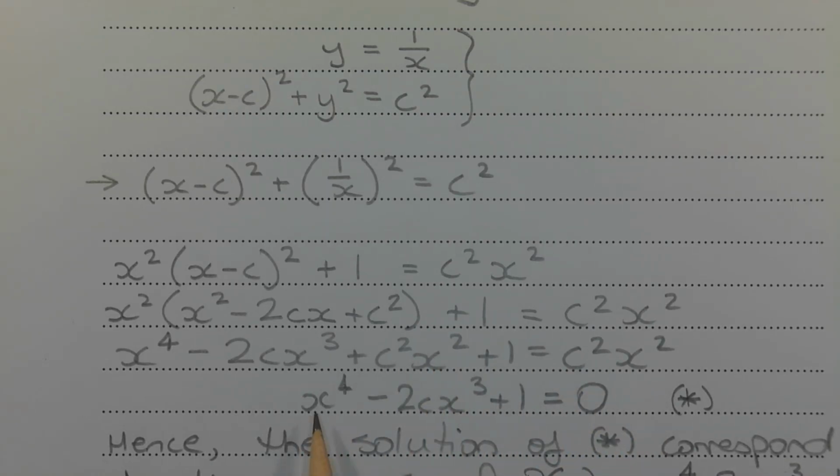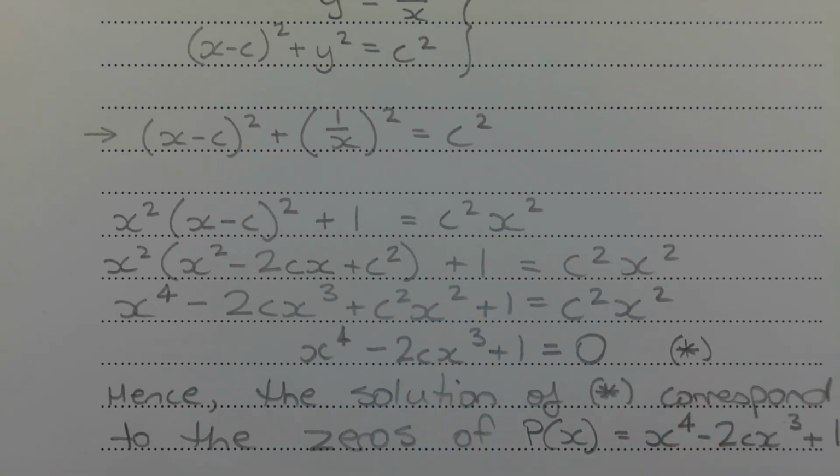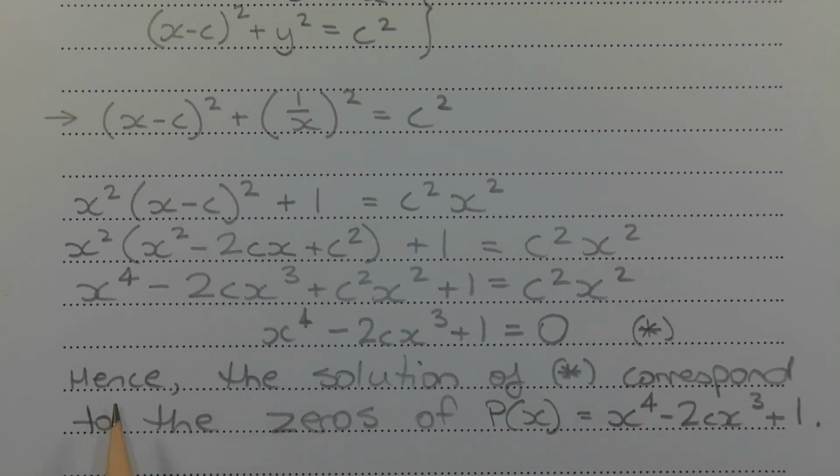So we get x to the power of 4 minus 2cx cubed plus 1 is equal to 0, and I've labelled that with an asterisk. Hence, the solutions of the equation labelled with the asterisk correspond to the zeros of p of x equals x to the power of 4 minus 2cx cubed plus 1.